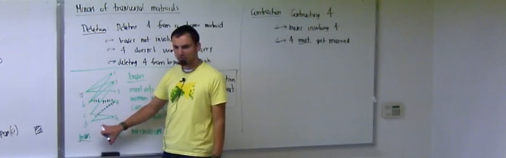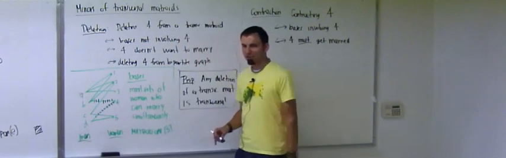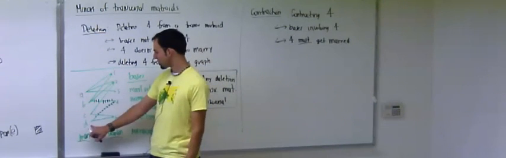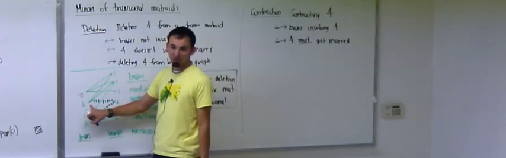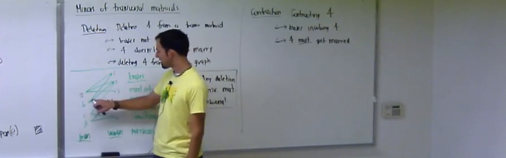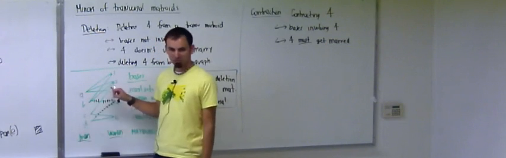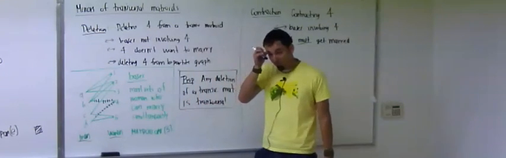Right, that's another possibility. But then the question is, what if 4 didn't marry D? What if she married B? Then what I should have done is delete the edges that went from B to these guys. And then you might say, well, let's delete both.